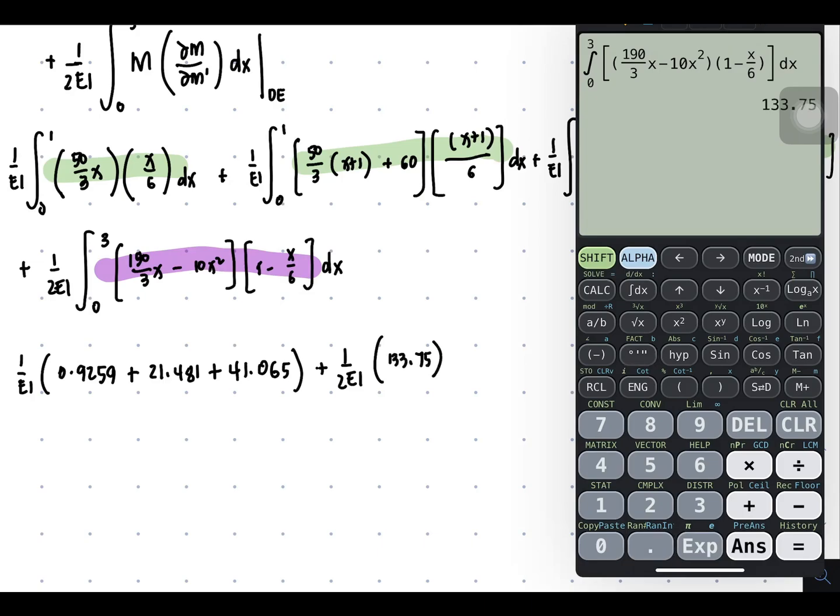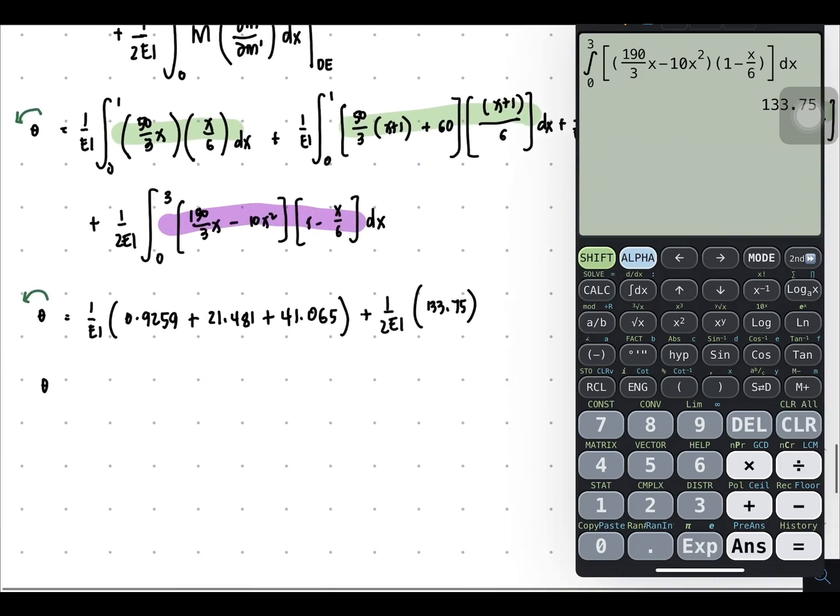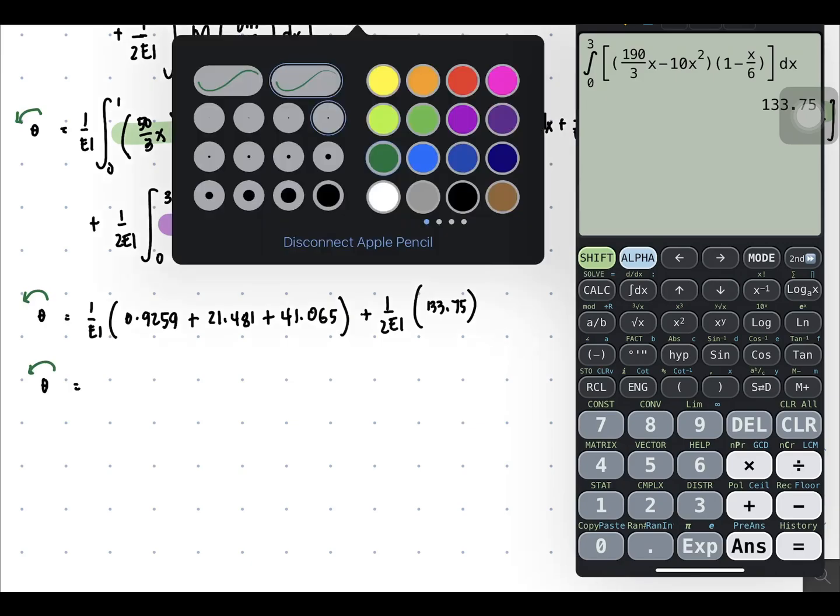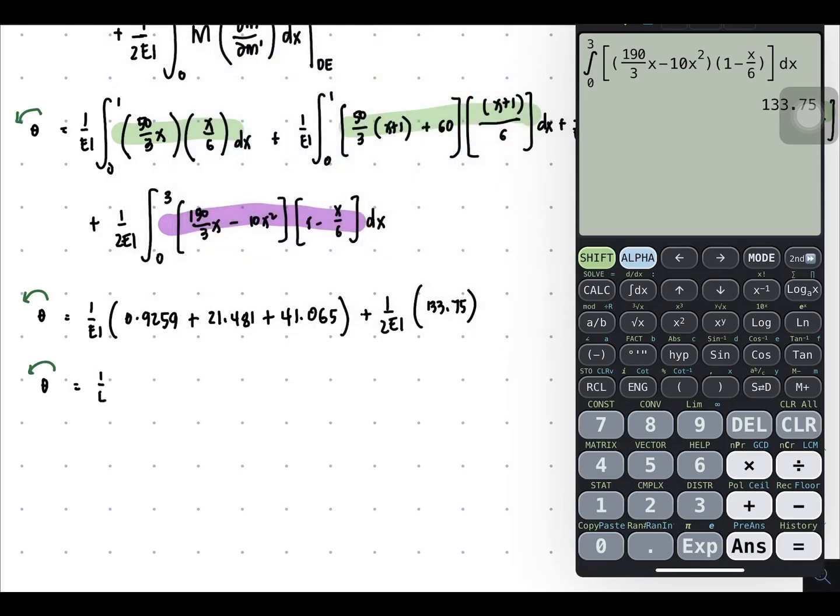It's 133.75. So the slope in the counterclockwise direction is equal to 1 over EI.